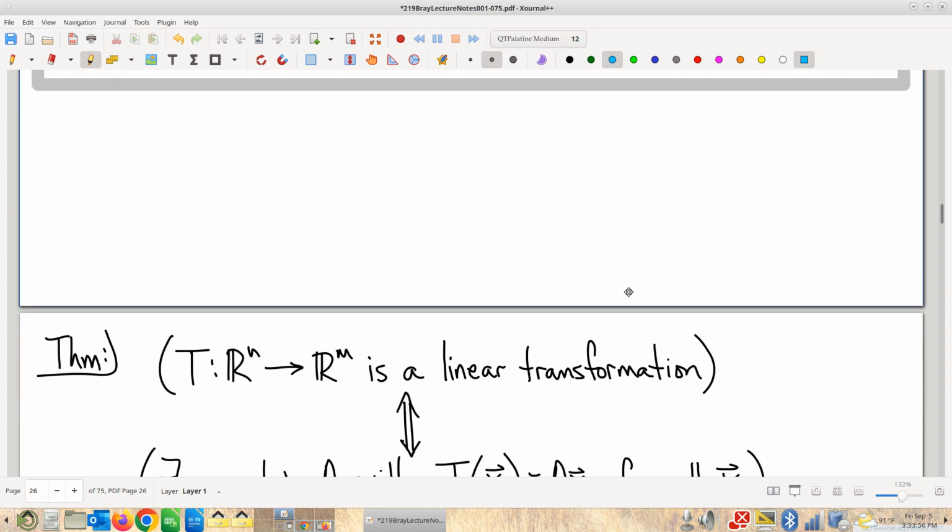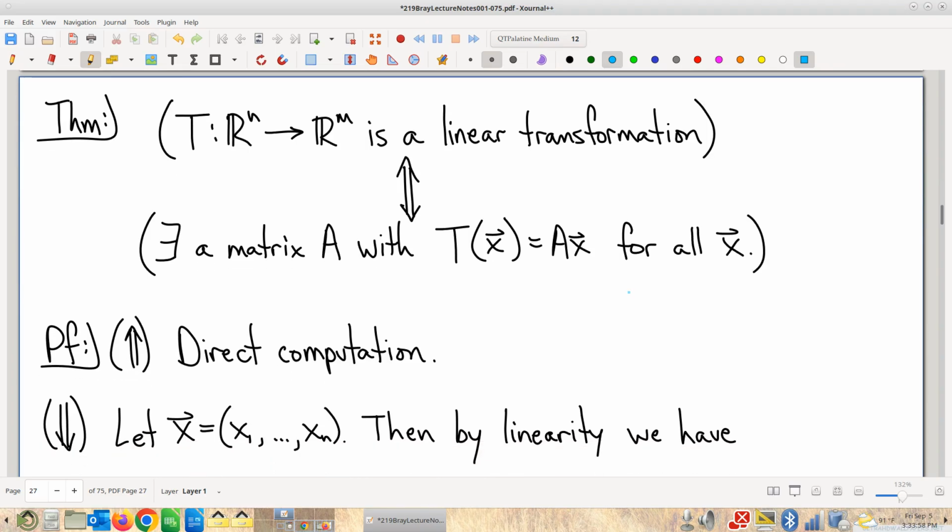Okay, and now a really important theorem. As far as Math 219 is concerned, let me not overstate it, this is certainly one of the most important theorems that we will borrow from linear algebra. So in terms of this course, this is one of the absolute biggest ones. And loosely speaking, it just says that every linear transformation is a matrix.